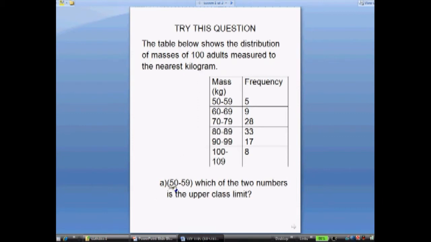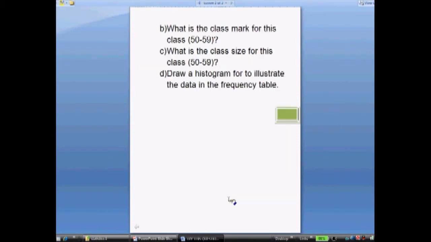Part A, for the class 50 to 59, which of the two numbers is the upper class limit? Part B, what is the class mark for this class? Part C, what is the class size for this class? And Part D, draw a histogram to illustrate the data in the frequency table.